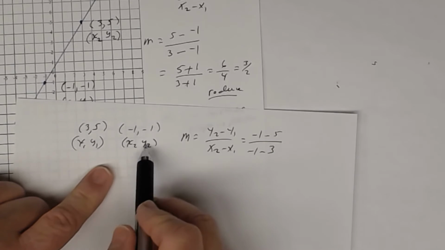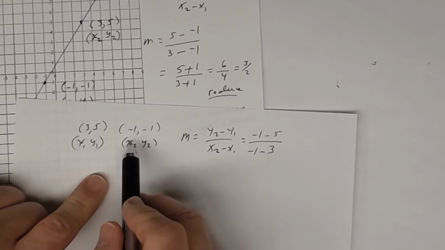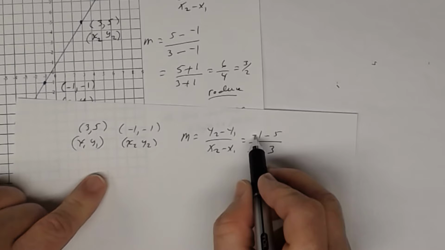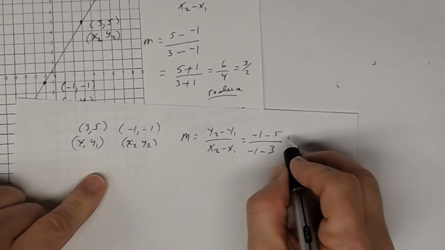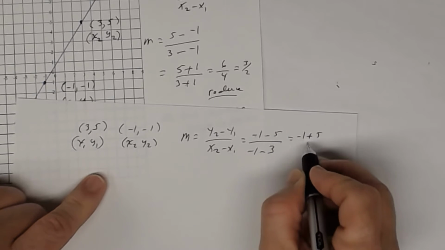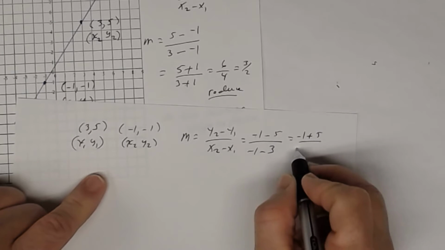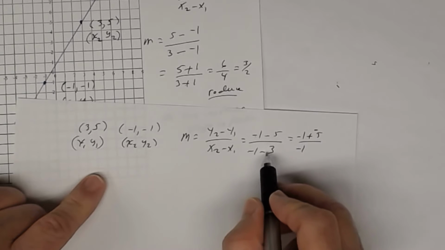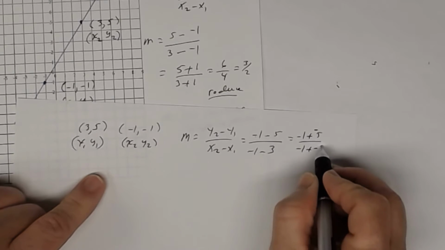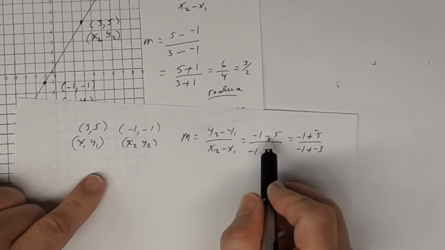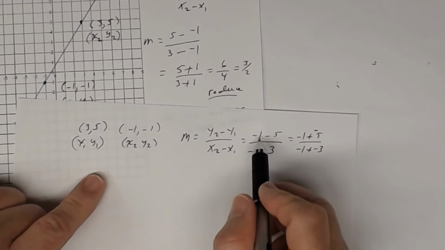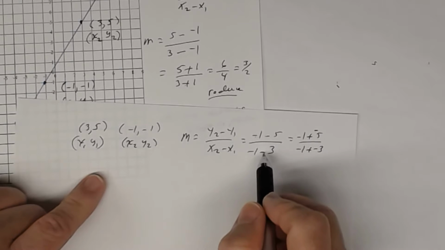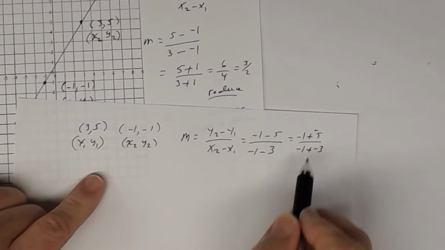Negative 1 subtract 5 means negative 1 plus the opposite of 5, which is negative 5. Negative 1 subtract 3 means negative 1 plus the opposite of 3, which is negative 3. Remember, change subtraction to addition, you add the opposite.